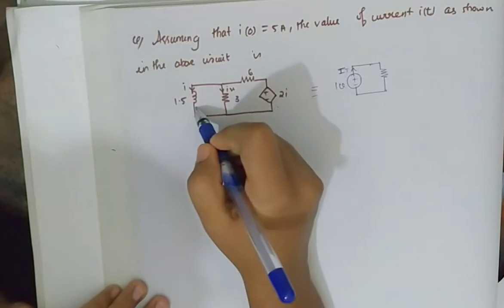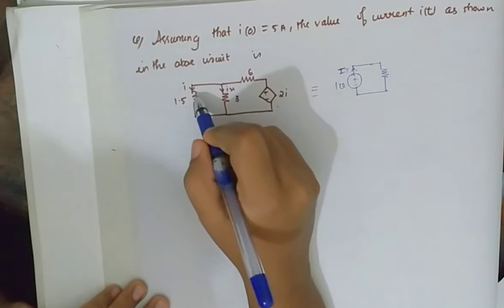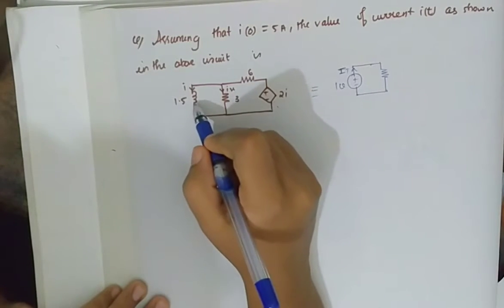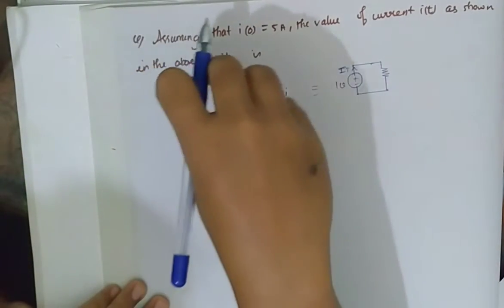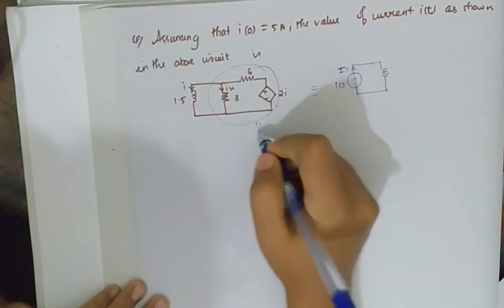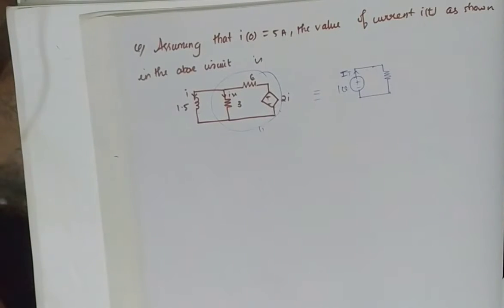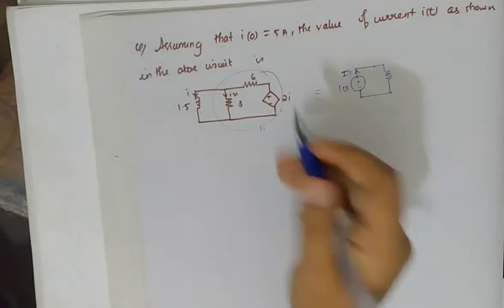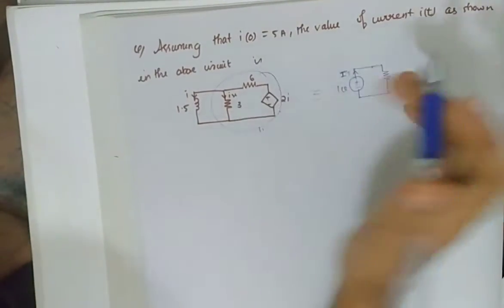So I am going to introduce the test voltage of 1 volt over here. I am just going to find out the Thevenin equivalent of this circuit, and then after that we will replace that with our equivalent inductor. So before that we will find out the Thevenin's equivalent for the circuit.